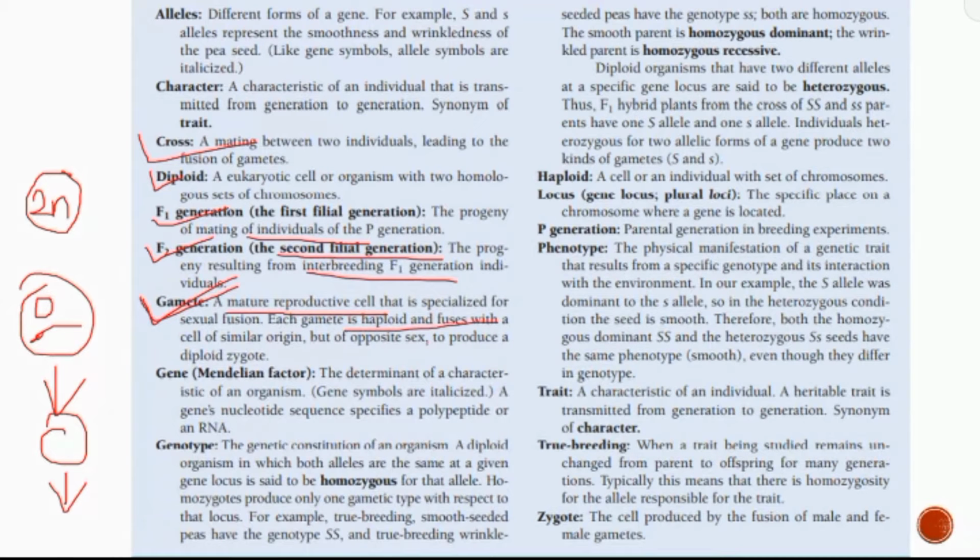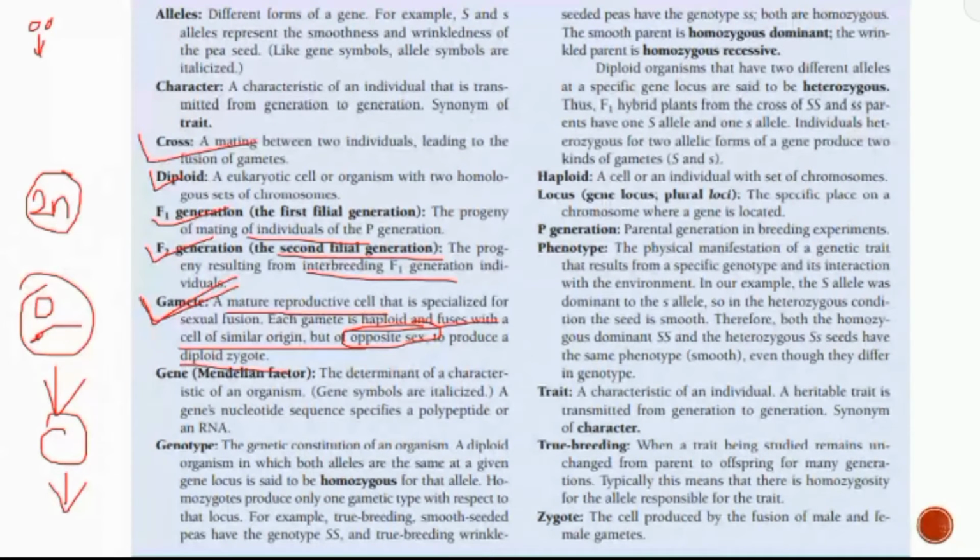So each gamete is haploid and fuses with a cell of similar origin, but it should be of the opposite sex. Meaning in case of plants also, two pollens cannot fuse with each other to form the flowering seed. Similarly, in case of humans also, two eggs cannot fuse together. It should be of the opposite.